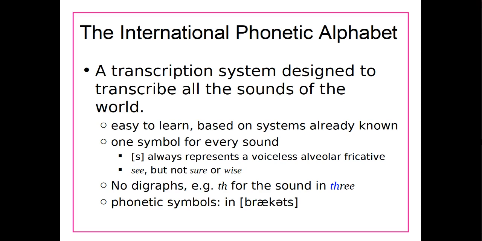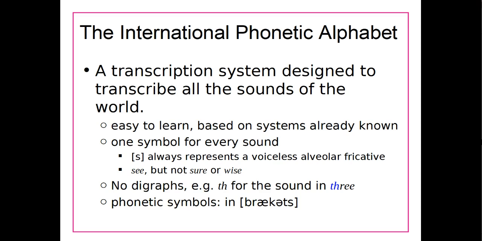Voiceless because the vocal cords aren't vibrating, alveolar because it's made when the tongue contacts the alveolar ridge, and fricative because it's got a lot of constriction in the mouth, but there is still some amount of continuous airflow. So the letter S here represents the first sound in the word see, but it doesn't represent the first sound in the word sure or the final consonant in the word wise.